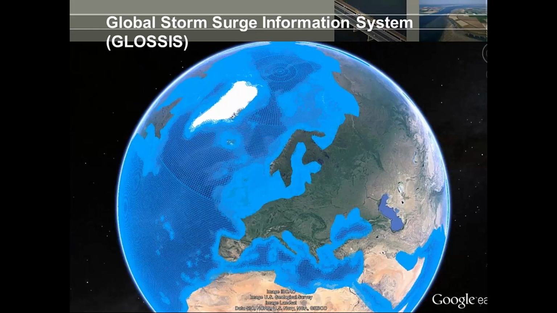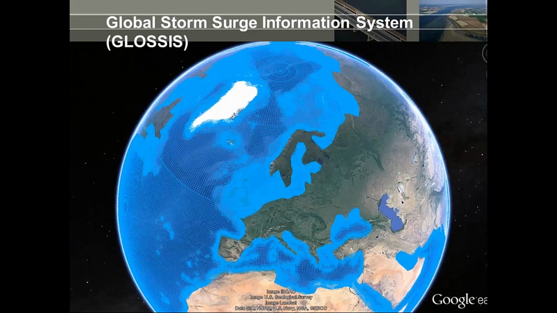Here you can see the grid that is based on the Delft3D Flexible Mesh software that the global storm surge and water level model has been built on.